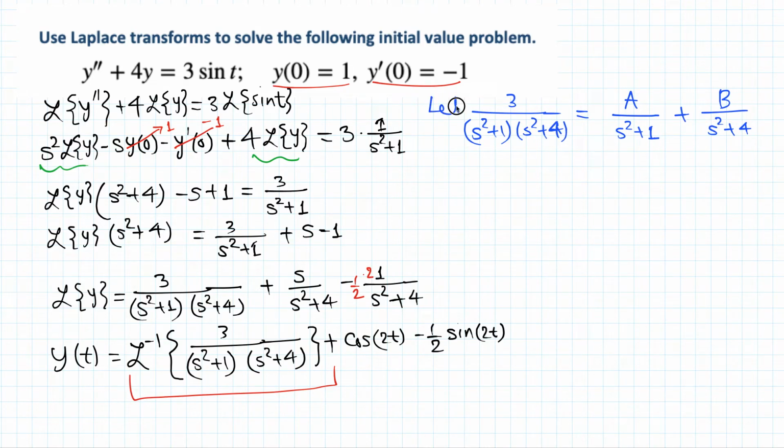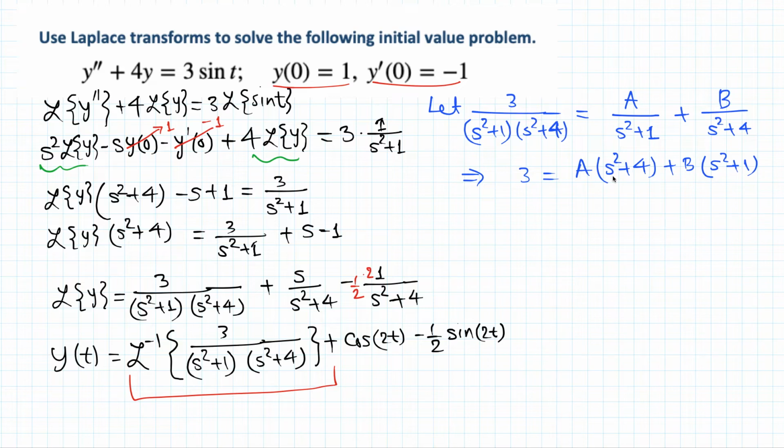We let this complex fraction be the sum of these two simpler fractions, then we multiply through by this common denominator. So this is 3 equals a times s squared plus 4 plus b times s squared plus 1. Now we are trying to determine the values of a and b.